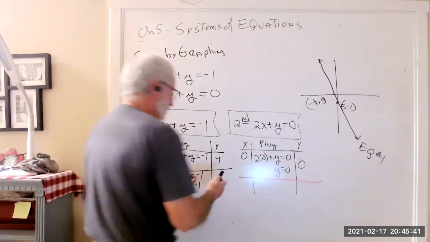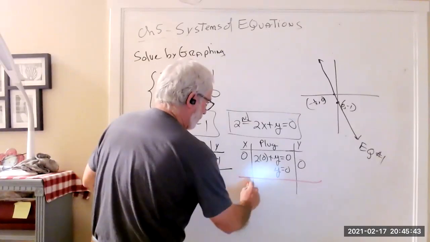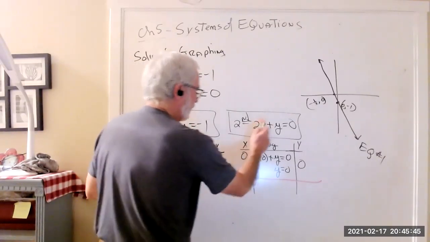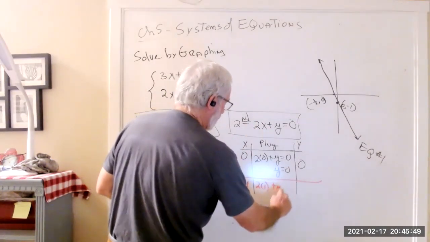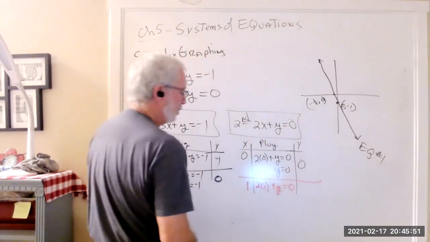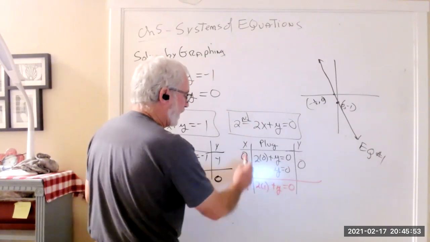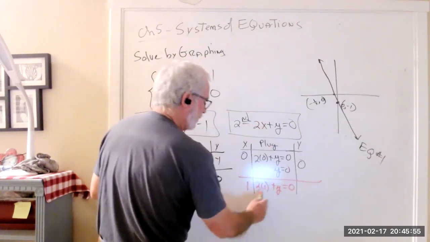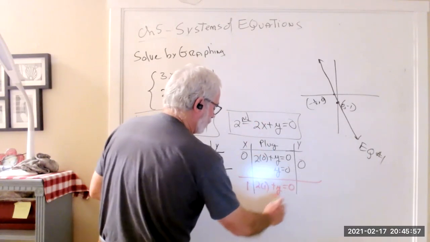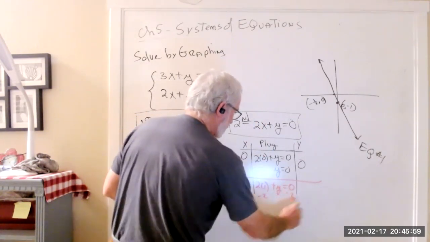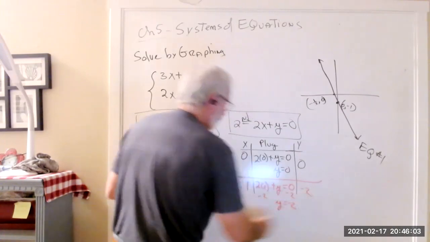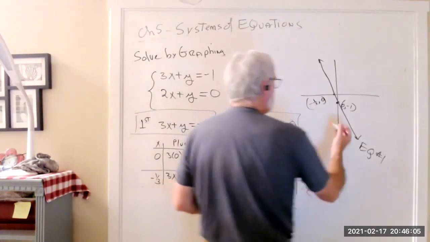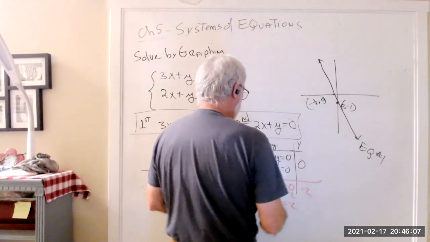So I'm going to say, what if x is 1? Then I have 2 times 1 plus y equals 0. Remember, we could pick a random x and plug it in. So if I take 2 away from both sides, I get y equals -2. So when x was 1, y was -2.